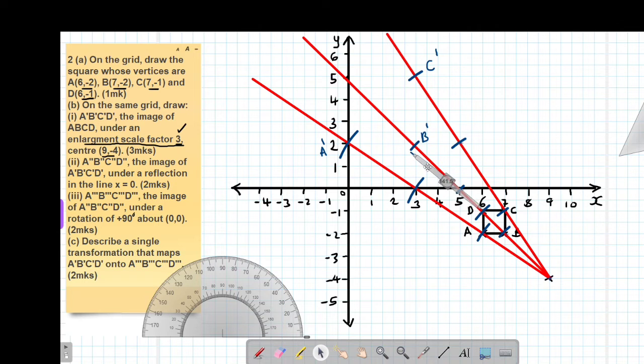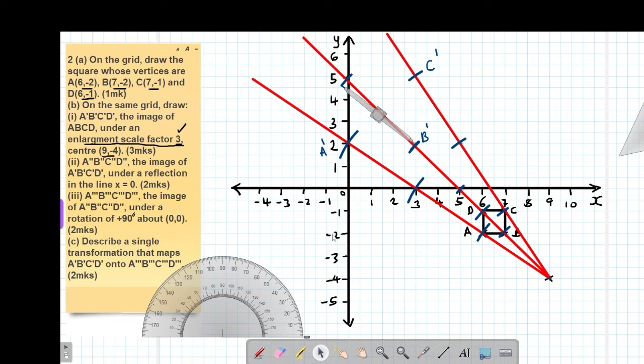Then we make the second movement. Take your compass to this point, then make another arc. Of course the arc will go through point B. Then we make the third arc. So this third arc should go through this point here.